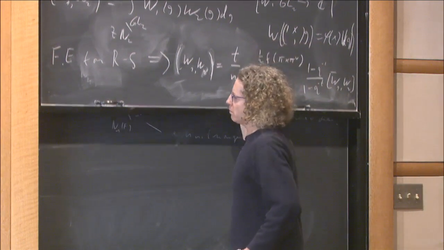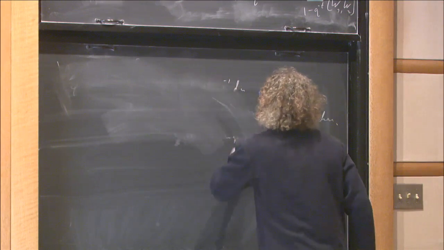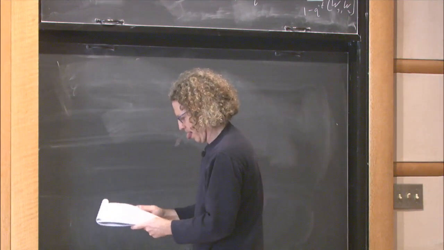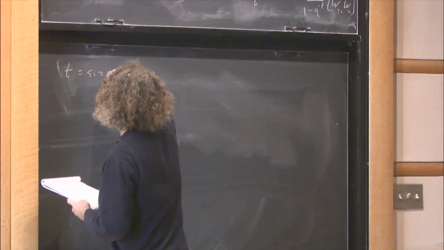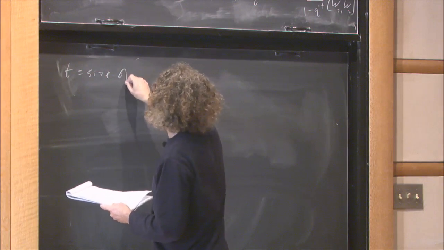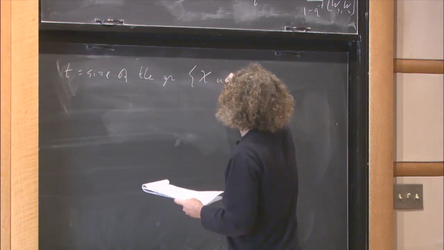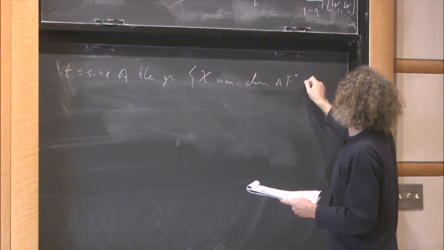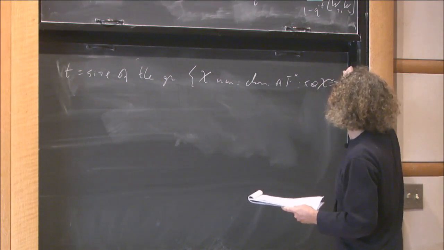So what is this notation? T is the size, like for torsion, the size of the group of unramified characters chi such that pi twisted by chi is isomorphic to pi.